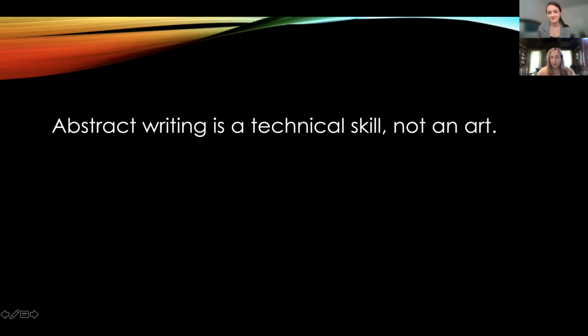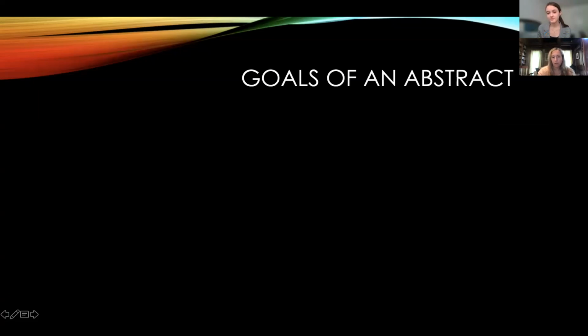So as you think about writing an abstract, don't think about it as the time to pull out your thesaurus and come up with creative flowery words, or even to vary your language very much. It's really just about filling in the points that you need to complete an abstract.